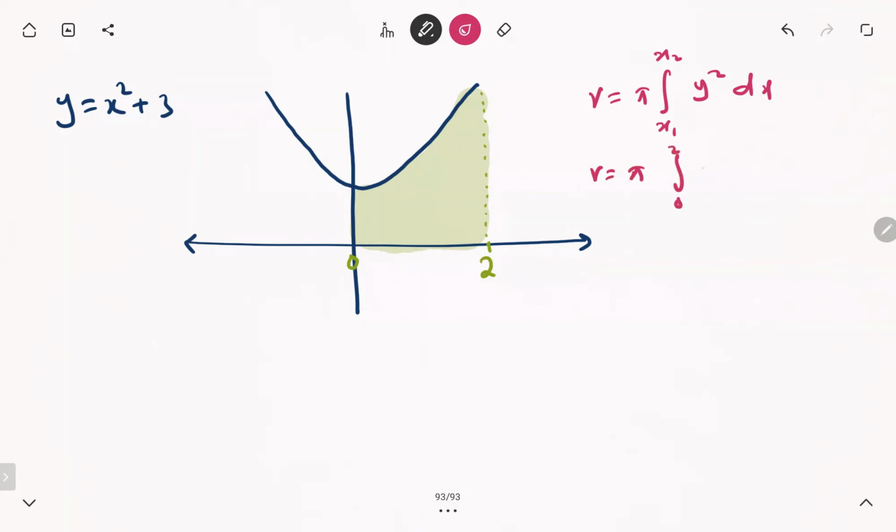Limits are 0 to 2, (x squared plus 3) whole squared dx.